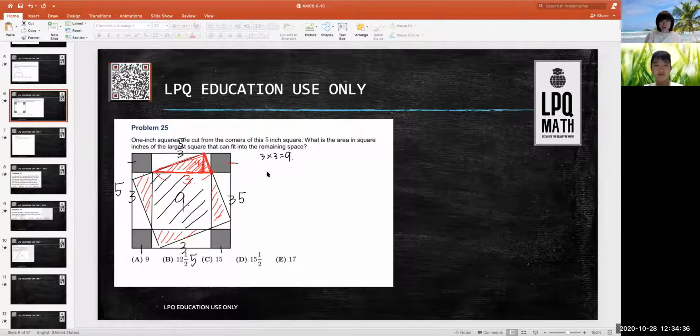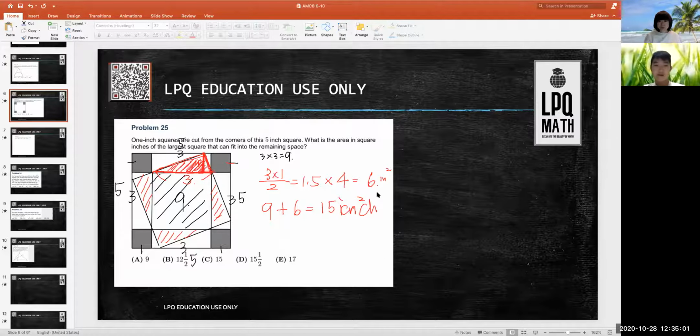Right, so 3 times 1 divided by 2 equals 1.5. It is one of the red triangles. How many of them are there? 4. 4, very good. So the total is 6 square inches. So I'm just using 9 plus 6 equals 15. So that is the last answer, 15 square inches.